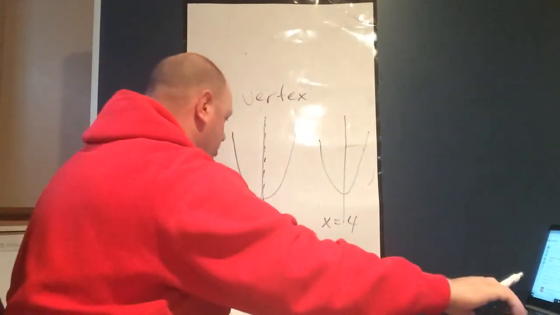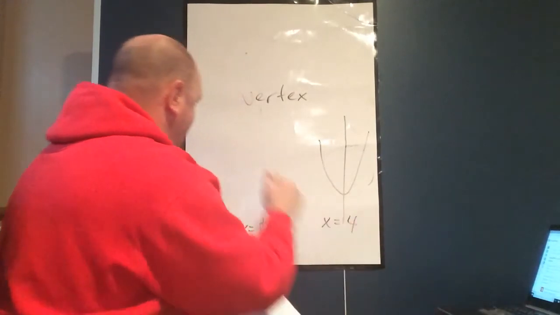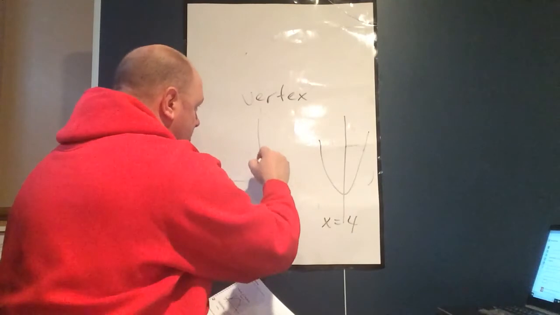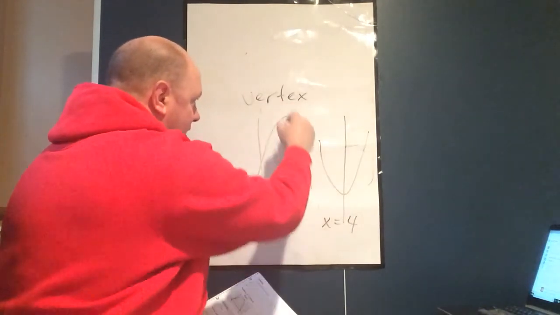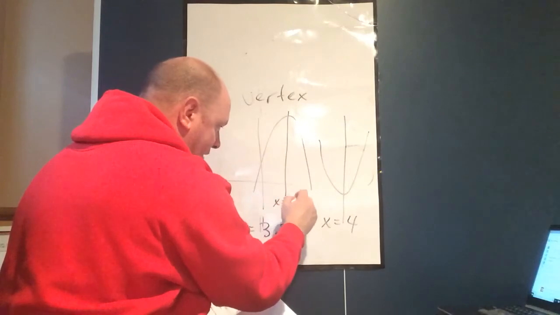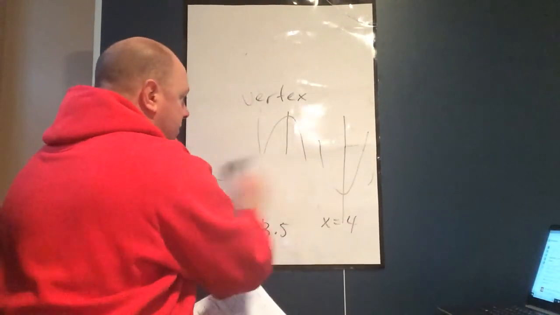In the first one, we're looking at a max value, and it went right through at x equals 3.5.